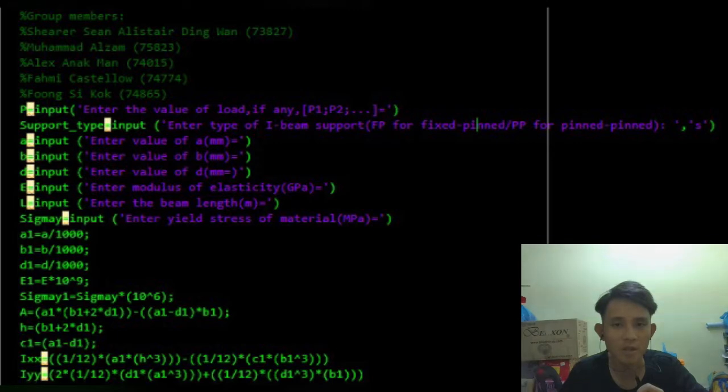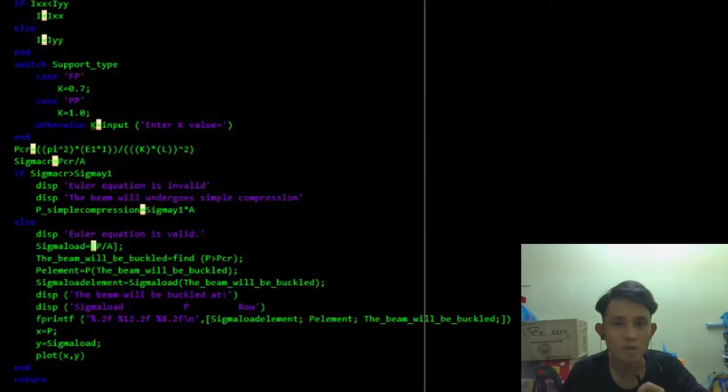The moment of inertia of the beam is also calculated and displayed in Matlab. After that, using if-else command to choose the suitable moment of inertia. The K value is determined based on input just now using switch case command.